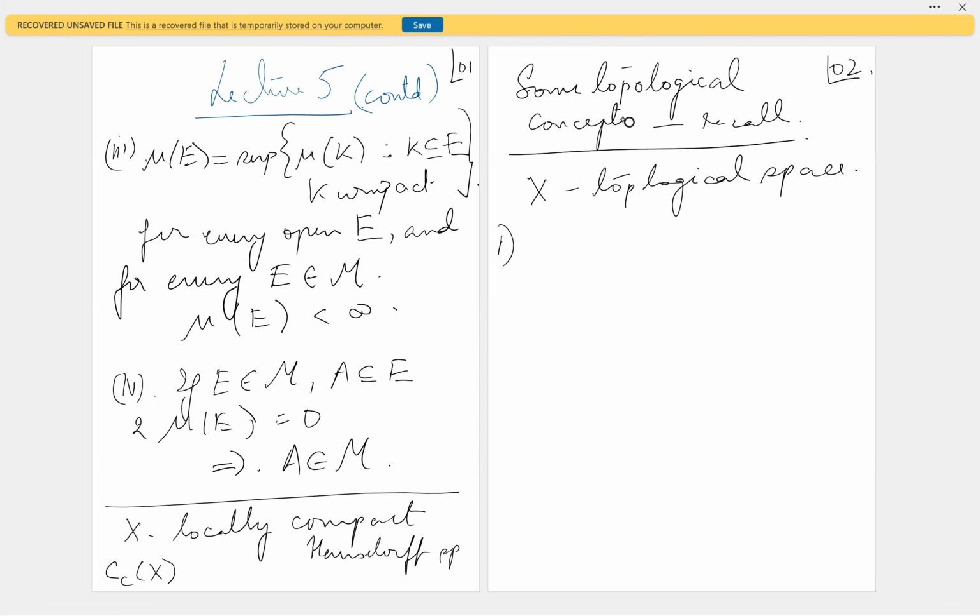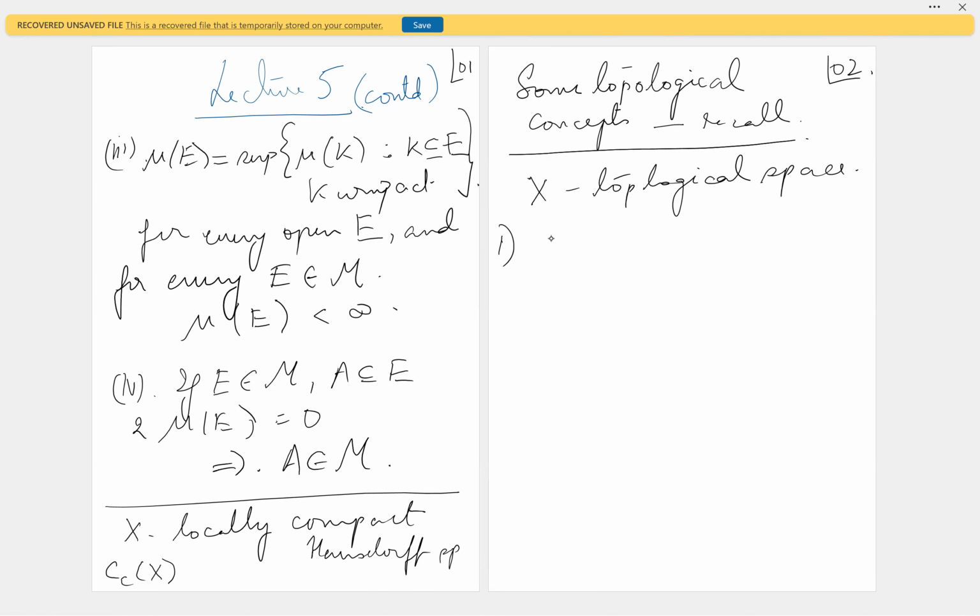When two distinct points can be separated by two disjoint open sets which contain these points, like Ux and Uy. So let me just make this clear: if I do not say open neighborhood, it still means an open set.